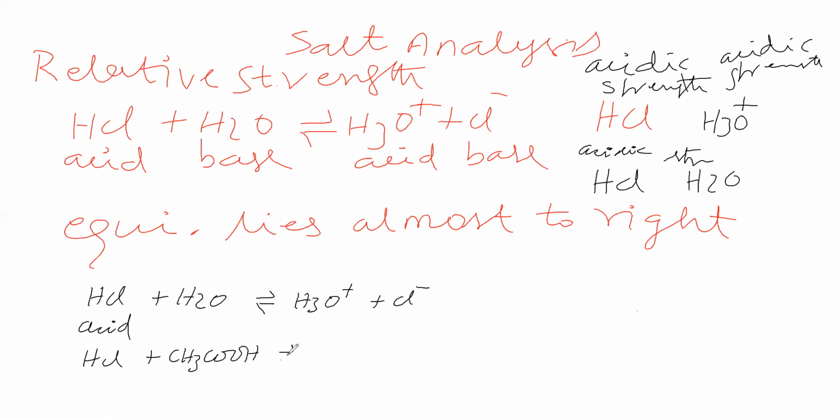The result is CH3COOH2 plus and Cl minus. HCl becomes Cl minus by donating H plus, and acetic acid takes H plus and becomes CH3COOH2 plus. So anyhow, HCl donates H plus, therefore HCl is an acid.